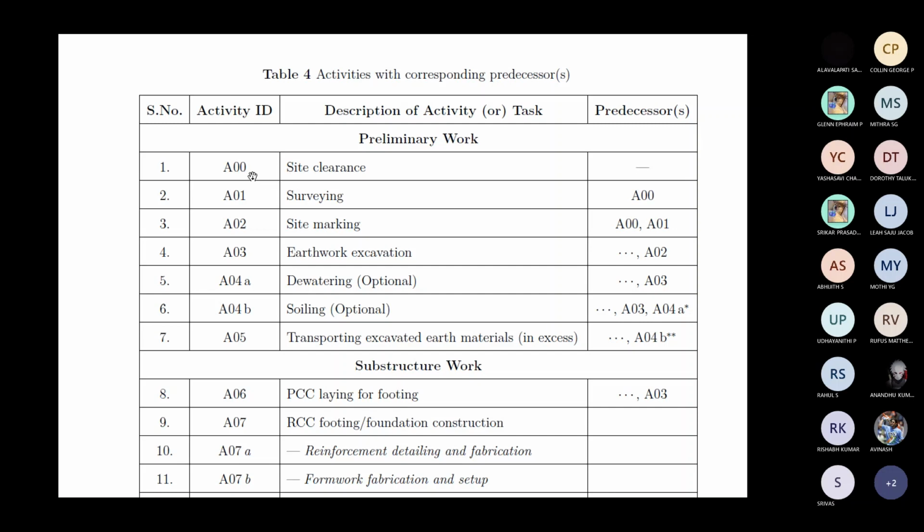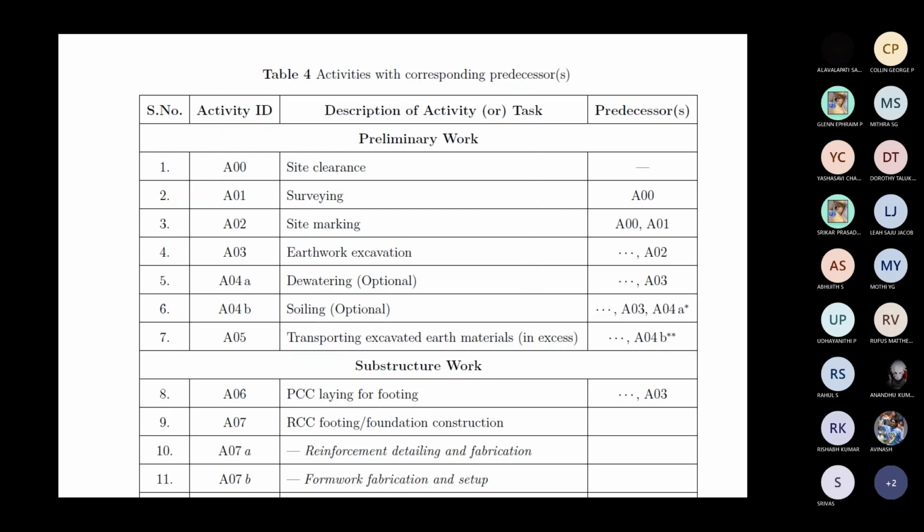This is the first activity, called initial activity, site clearance, and the predecessor, or activity before that. Of course, the land acquisition, the documentation and all were there, but that is not a part of construction. So this is something related to construction. Our schedule is based on the construction of a single story residential building, right? So in that case, this is the initial activity.